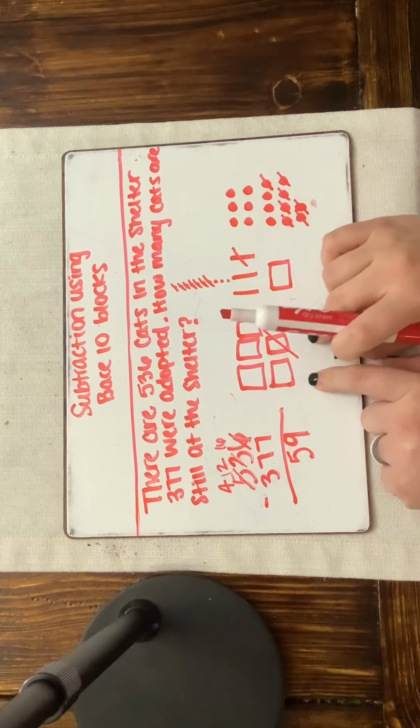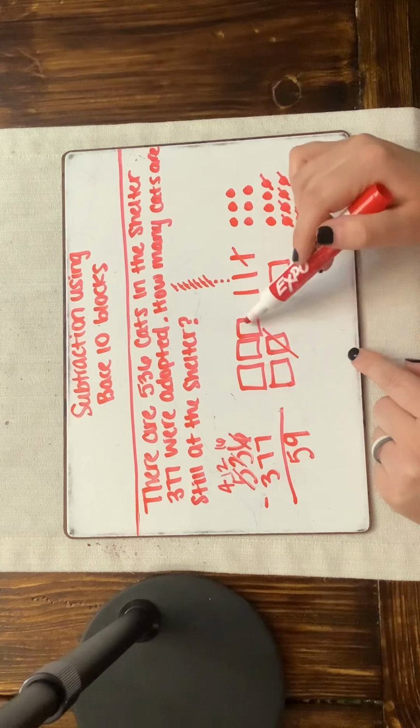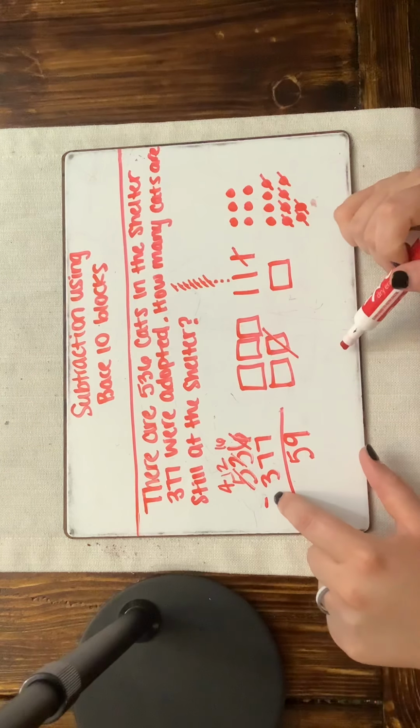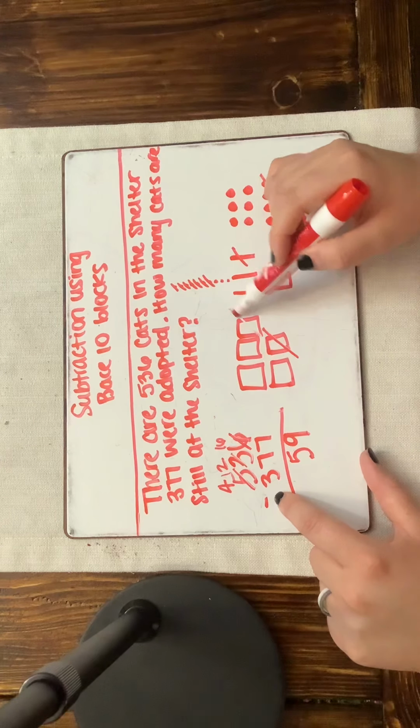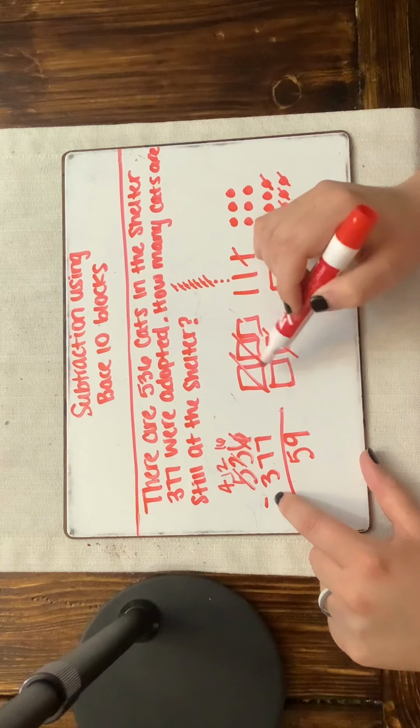Now moving on to the hundreds, we have 4 flats, and we want to take away 3. Take away 1, 2, 3, leaving us with 1.